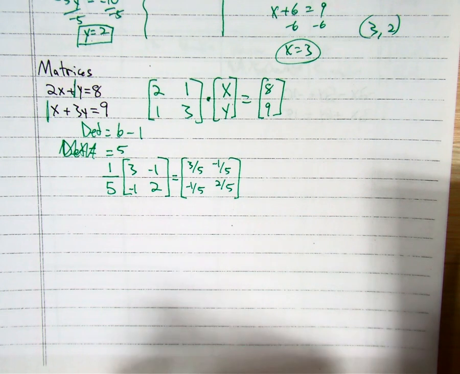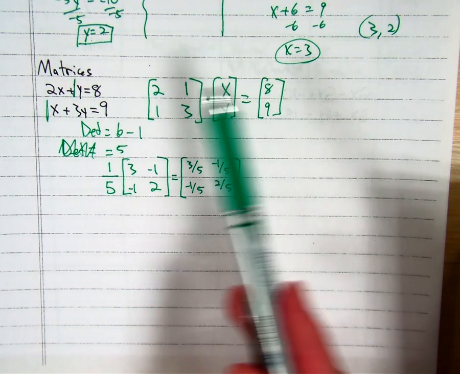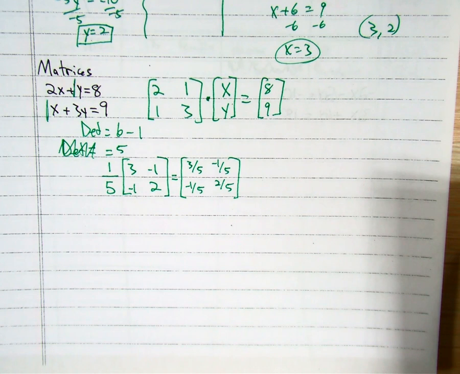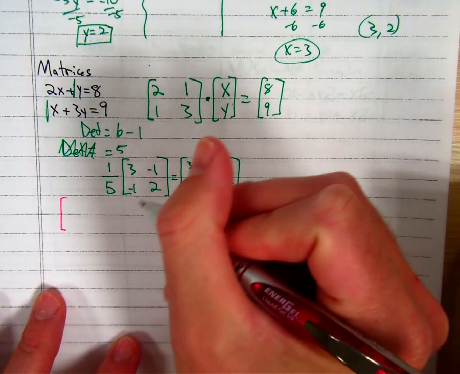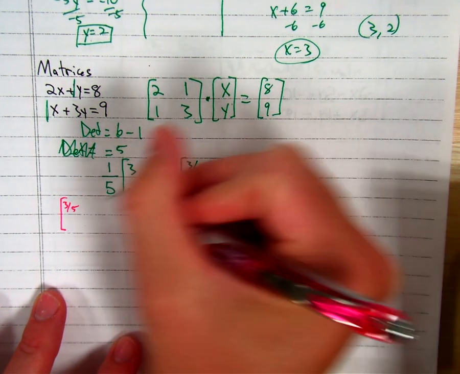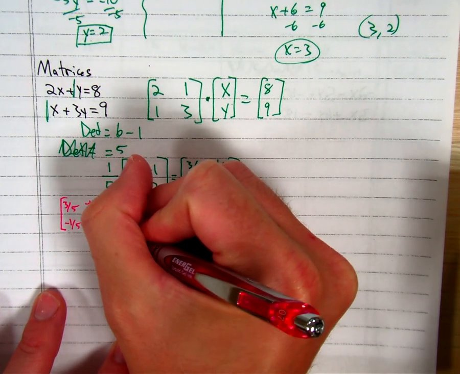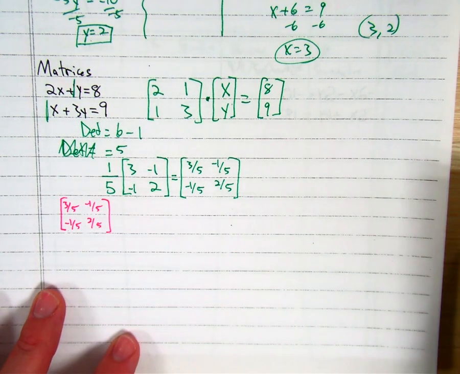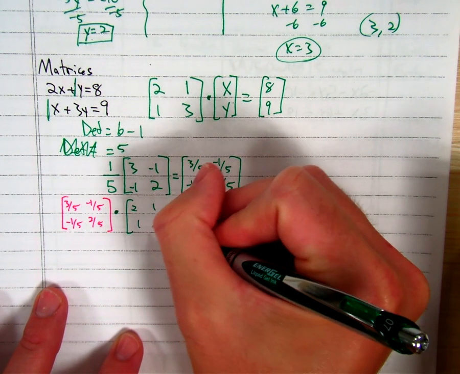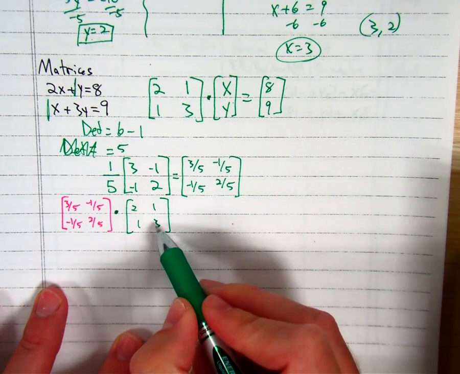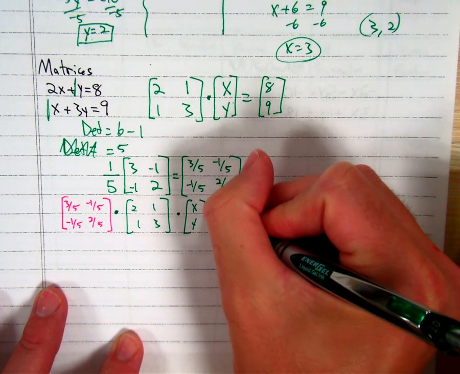Okay? So, again, pretending this is like 3 times x equals 9, you would multiply by 1/3 to both sides. So we are going to multiply the inverse here first: 3/5, negative 1/5, negative 1/5, 2/5, times our matrix here, 2, 1, 1, 3. So we put the inverse in the front of that, and we'll show you why in just a second.